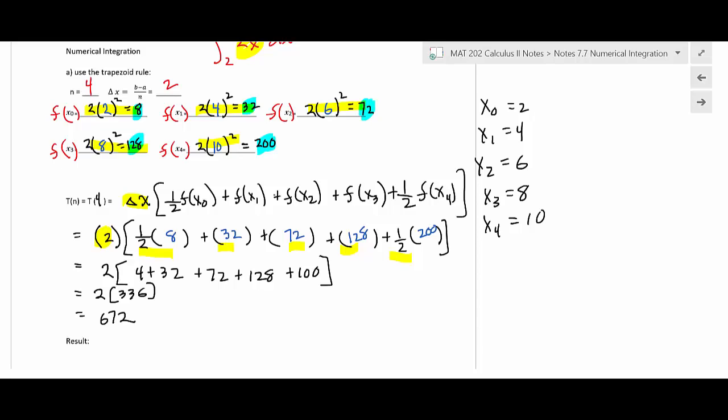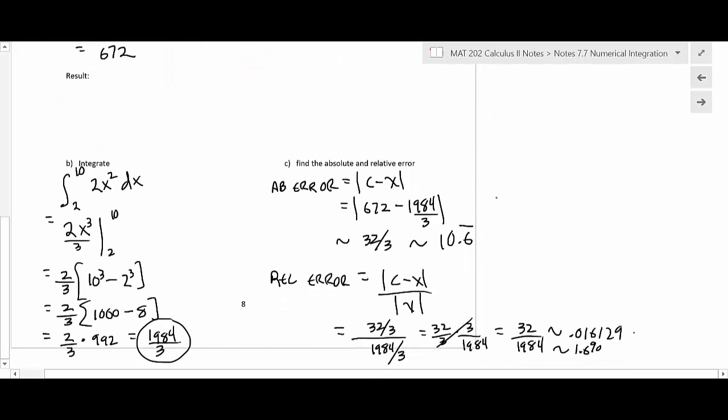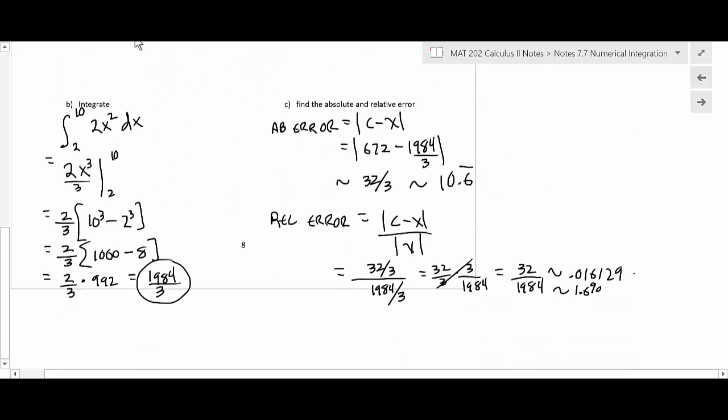Okay. Now, the next thing here, what did you get for the integral, the exact answer? Anybody get that? 1984 over 3, right? That's what you should have got when you did the integral, and that's a real basic integral. So I'm going to go to the next page right here, and you can copy it down, if you didn't get this. That's a super easy integral.